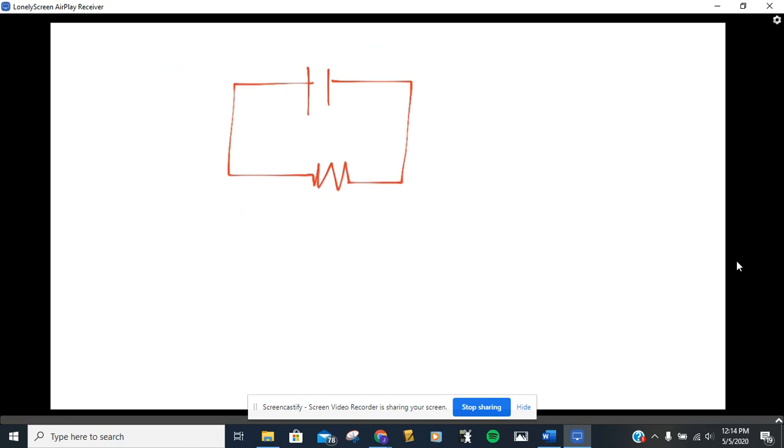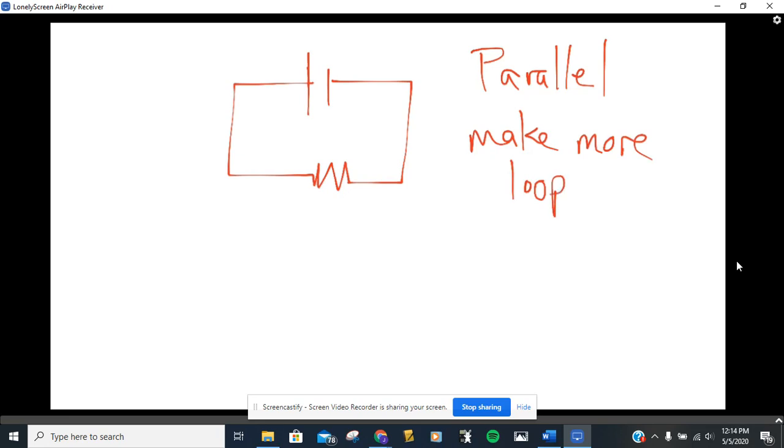Now, if we were to create a parallel circuit, what we want to do is make more loops essentially. So instead of having one single loop here, we're going to take the wires, piggyback on to essentially make another loop.